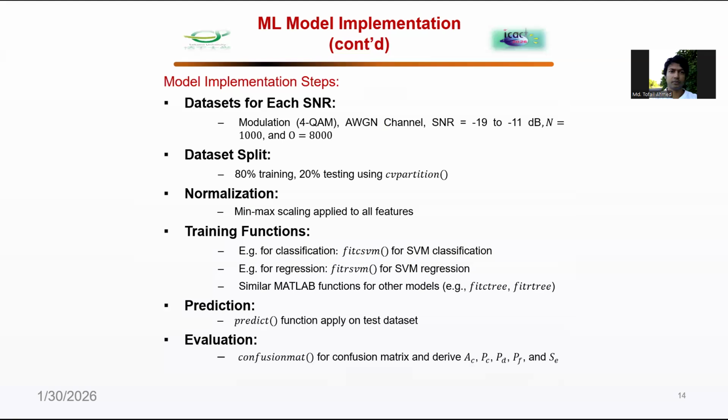We split the data 80/20 for training and testing. We normalize the features and train models using MATLAB functions like the fitcsvm function for classification and fitrsvm function for regression for SVM. Predictions are made with the predict function, and performance is evaluated using metrics derived from the confusionmat function, including accuracy, precision, PD, PF, and sensing error.